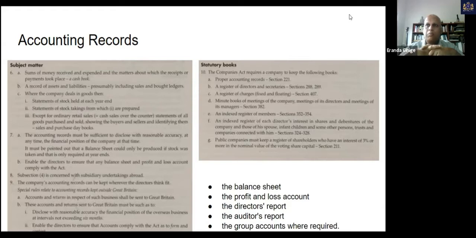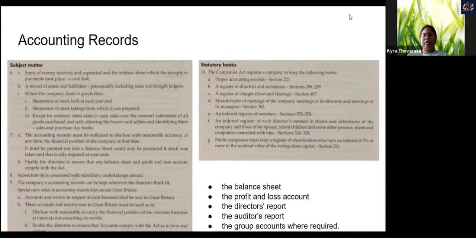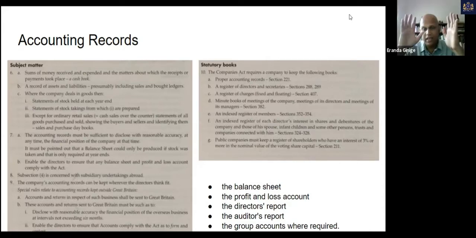So we see fairly developed companies doing that. Sometimes they do it by having their own accountant in-house, and sometimes they outsource it to somebody else. But then you have large organizations like the British Council that I work for.